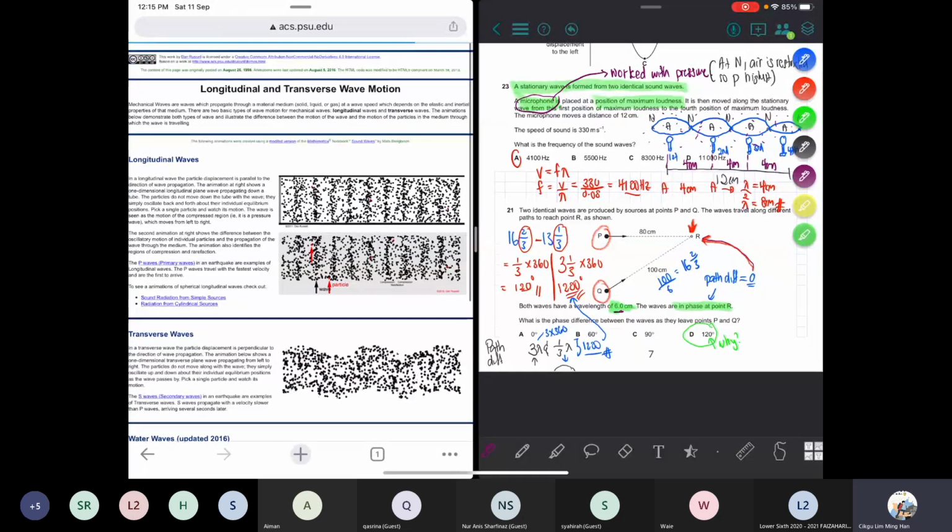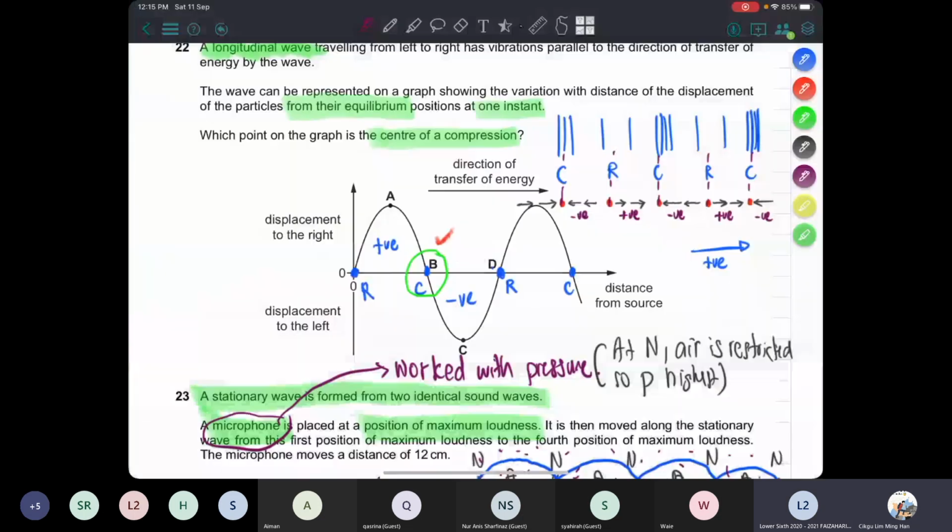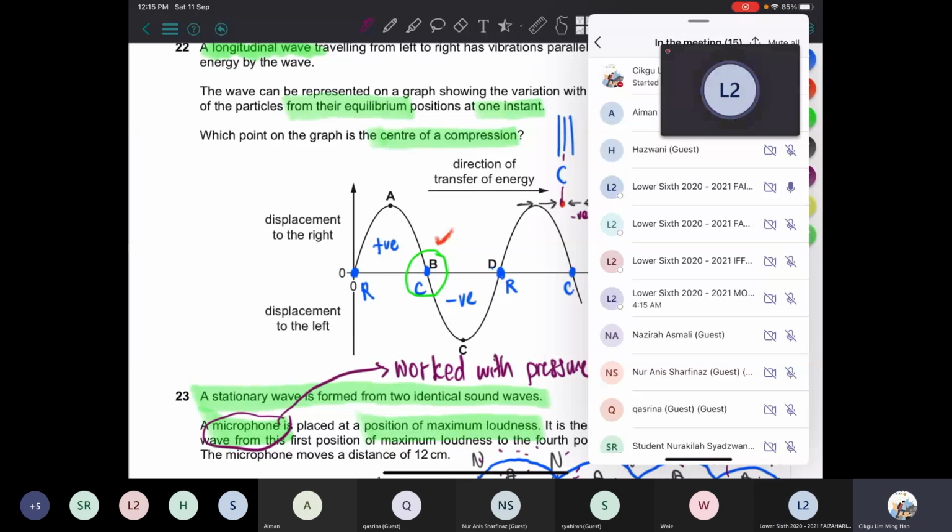I try to find the simulation so you can see. I will show you now. Any other thing? Okay, this one is okay. Fatin.